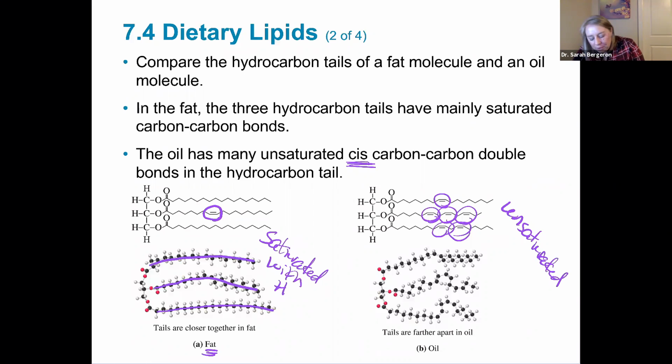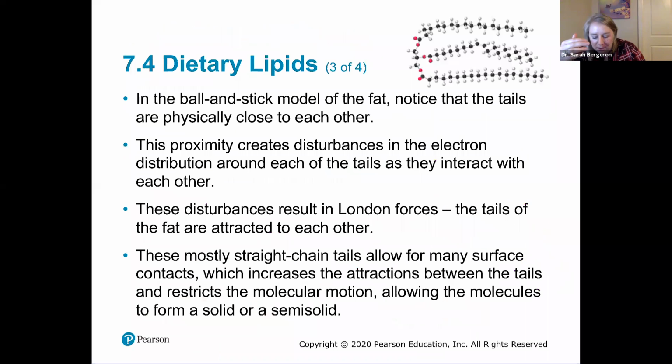But if you look over here in our oil, you have a lot of changes, a lot of weird configurations. And so they don't line up one on top of the other very well. And so that's going to change their interactions, and that's going to change their states of matter. So if you look at the fat, and the fat model, in the fat, this is our saturated.